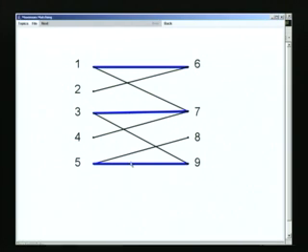So, its size is 3. This, however, is not the maximum sized matching. This red matching, for example, is a maximum sized matching, and in fact, it contains 1, 2, 3 and 4 edges. Maximum matchings are not unique. In this graph itself, for example, this is another maximum matching.